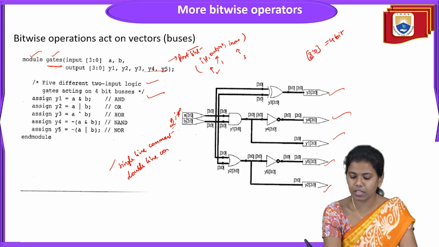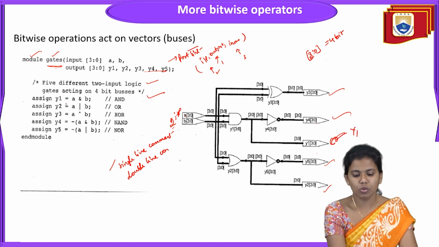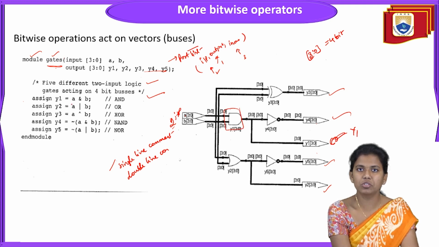So here, as per this, assign Y1. Where is my Y1? My Y1 is over here. So Y1 is equal to the output of the AND gate. So Y1 is equal to A and B. This is an AND gate. Done. And then assign Y2. Y2 is A or B. Where is my Y2?